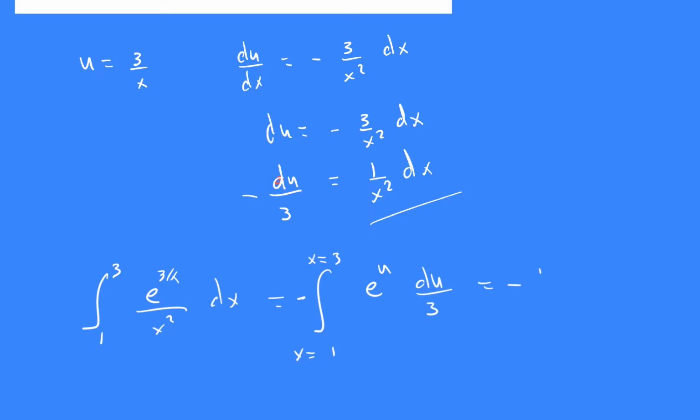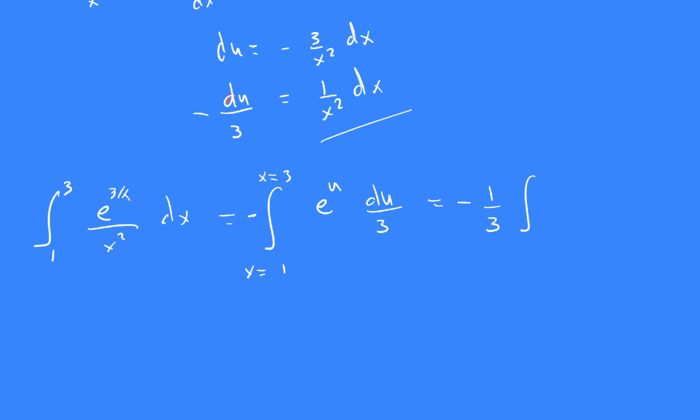So this integral will be minus 1/3 the integral from x equal 1. But now the limits of integration have changed because u is equal to 3 divided by x. So if x equals 1, u is 3 divided by 1, which is 3.